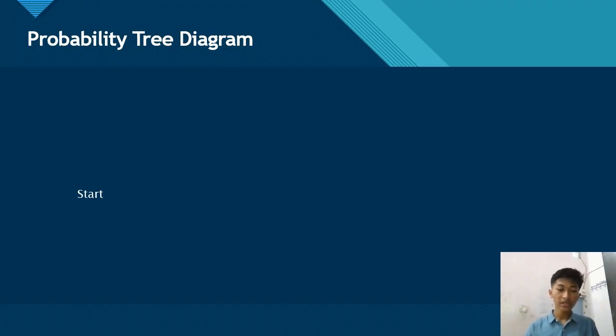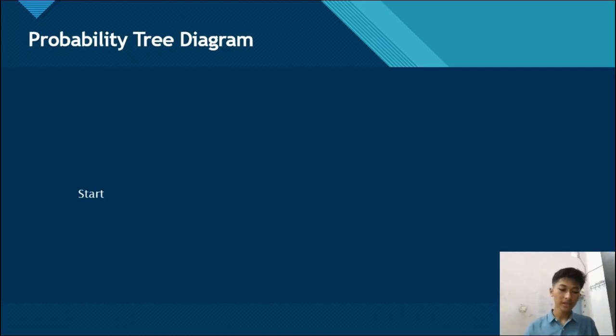Let's use tree diagrams to answer the question. First, we establish a starting point. We will draw branches to represent the possible outcomes in the first pick. In this case, there are only 2 possible outcomes, red and blue.